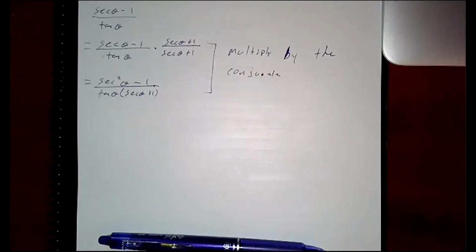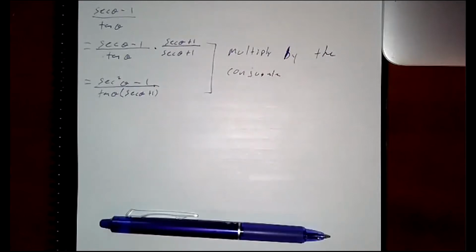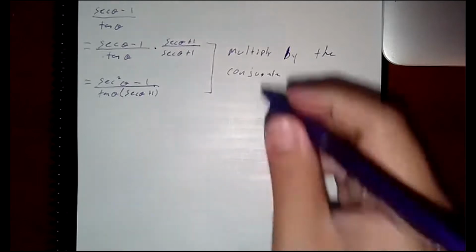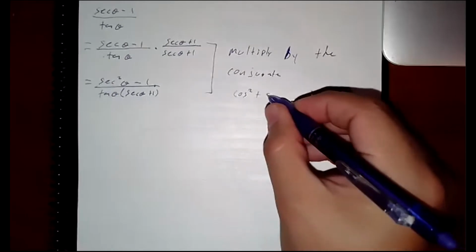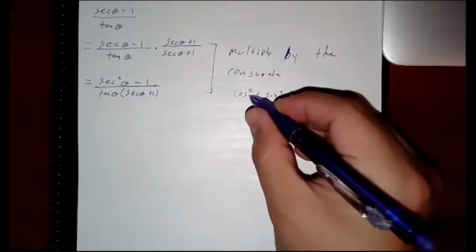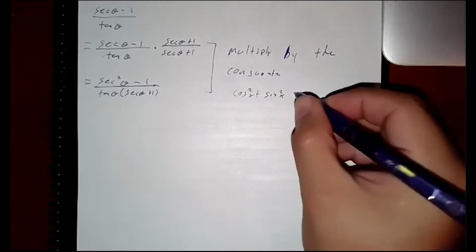You guys remember what secant squared minus 1 is? So just tangent squared? Yeah, I believe so. Let's check. Cosine squared plus sine squared theta is 1.